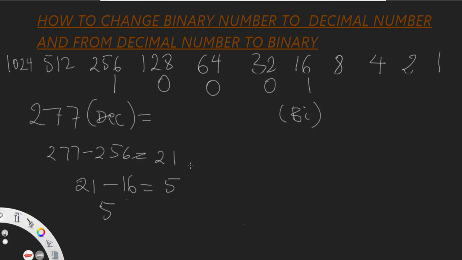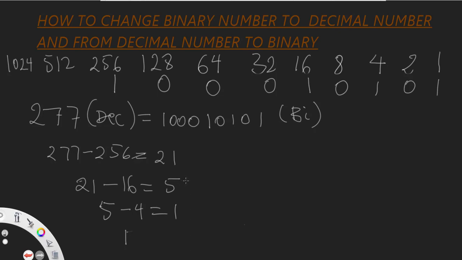We can't say 5 minus 8 will be minus 3. We don't want it. So here we put 0. Then we have a 4. 5 can be minus 4, which is 1. So we put 1 there. And then for the last one, you can see here that we have a 2 and there is 1 here. There is no 2, you put 0. And then the last one we put 1. Okay. So our binary number will be 1, 0, 0, 0, 1, 0, 1, 0, 1.